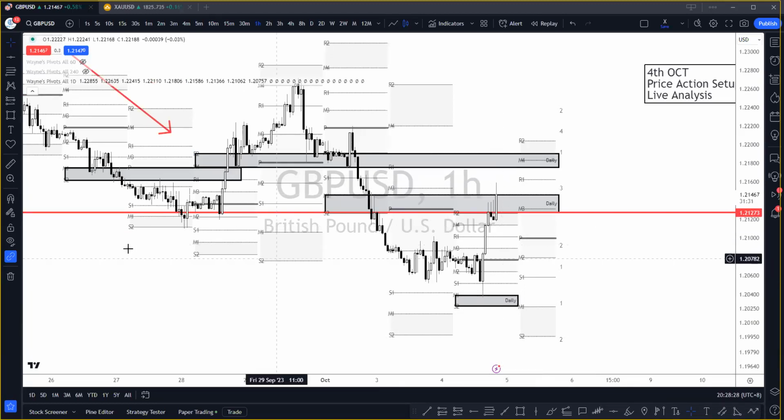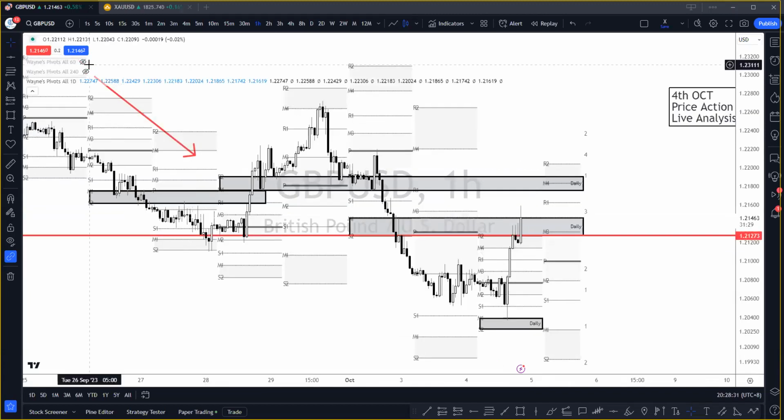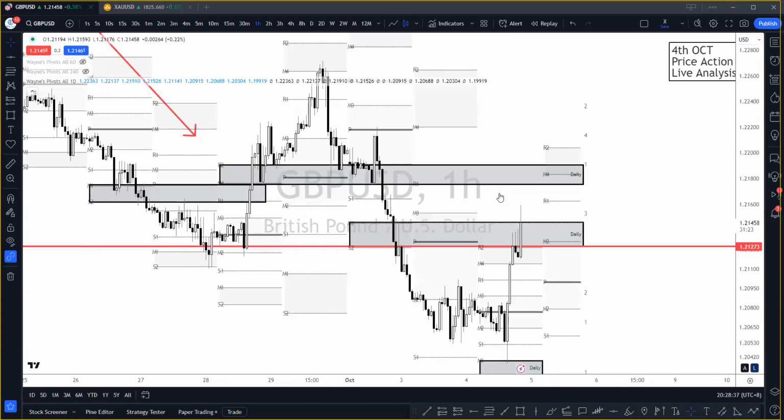Okay, so let me just go through the 4 hours and the 1 hour before we conclude today's trading analysis. Again, the general direction for pound USD is a sell. The sell is because of the closing on Tuesday, 3rd of October. Price had clearly told us that this is a sell momentum, bearish momentum.